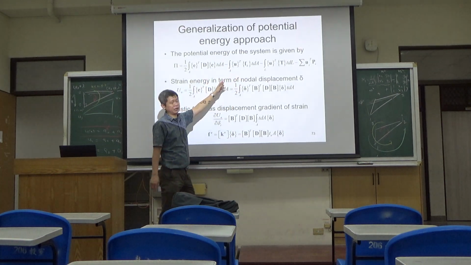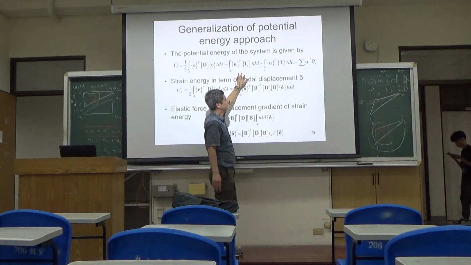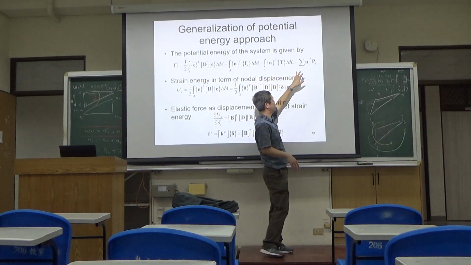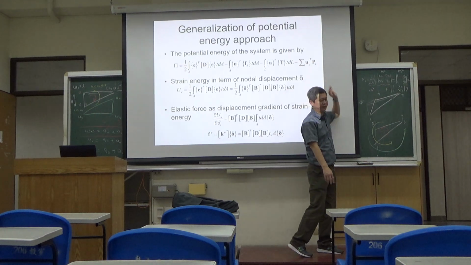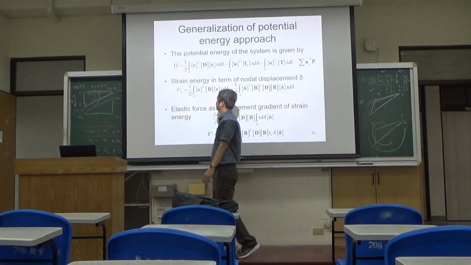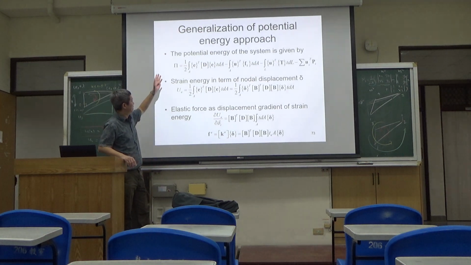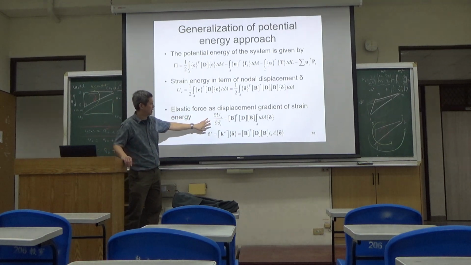What kind of force could you have? You could have body force, you could have traction, which is the force on the line, and then you have normal force P. So if you want to find out the displacement, it's very simple. Just take the derivative of the total potential energy, then you're going to have a force balance.